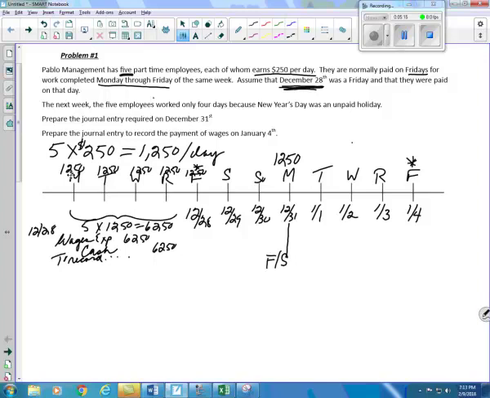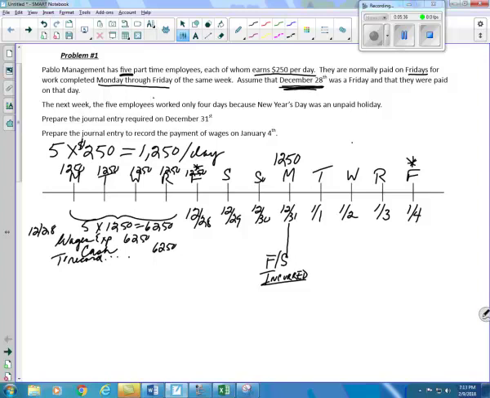So the question is, when have we incurred that expense? Well, our employees have worked on that day, so we have incurred the expense right here. They worked, we owe them, it's our expense right at that point in time.